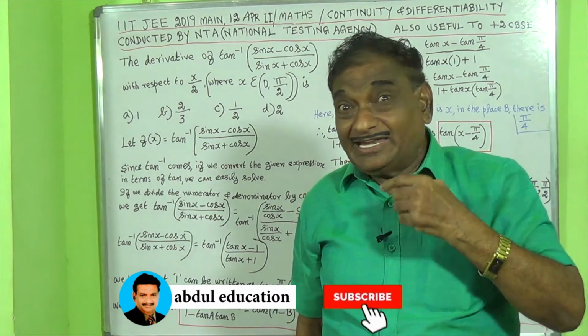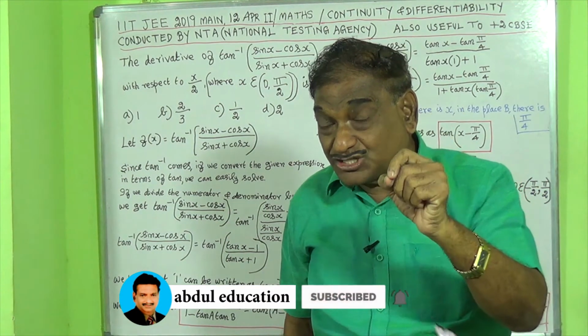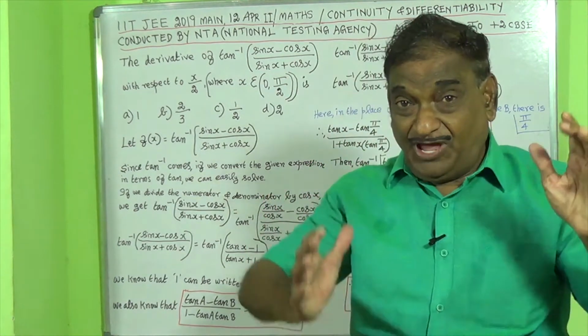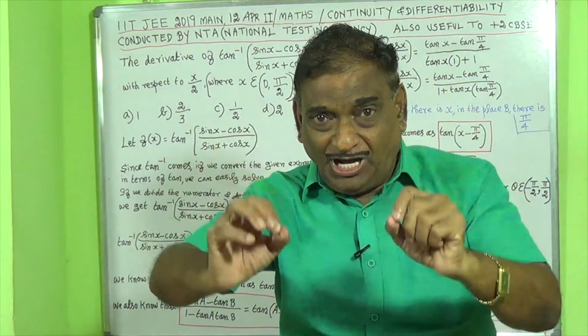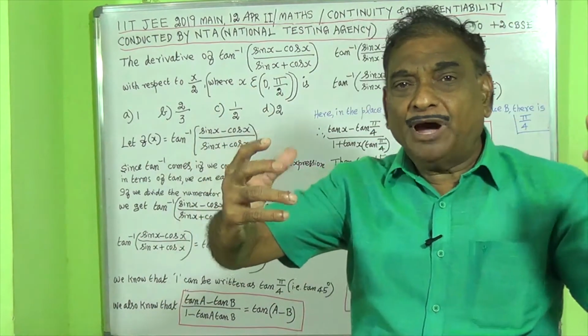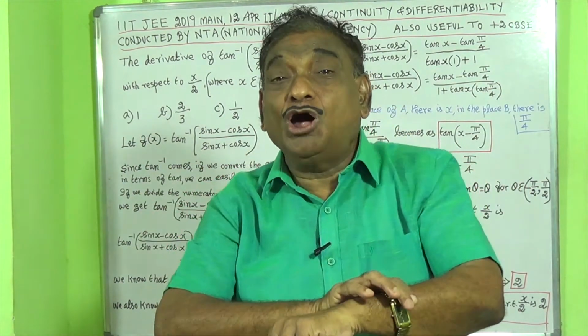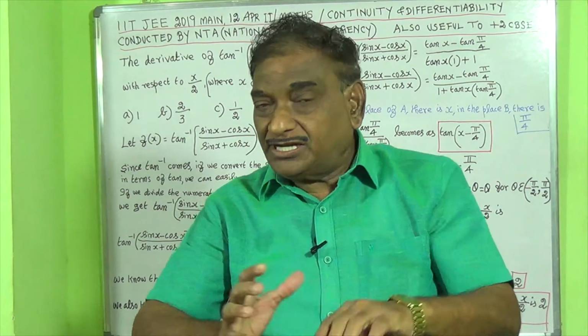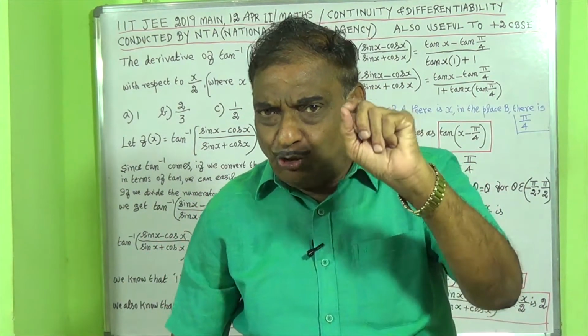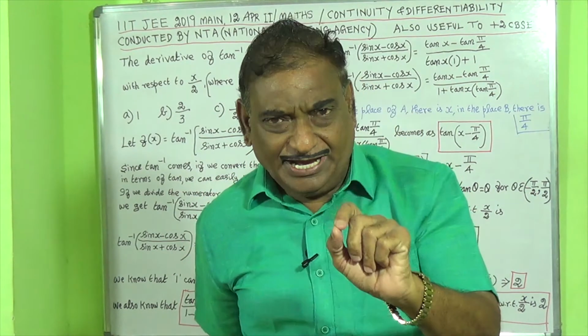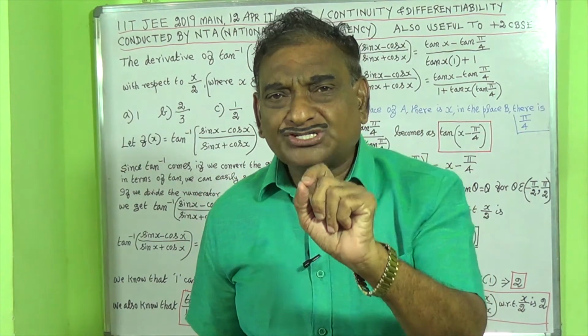We know that sin x by cos x equals tan x. We also know that if a fraction is multiplied or divided by the same value, the value of that fraction will not change. So here we are going to divide each term of the fraction by cos x.